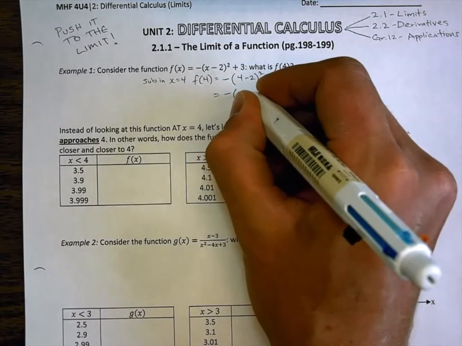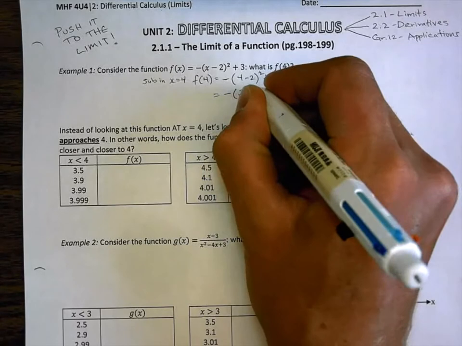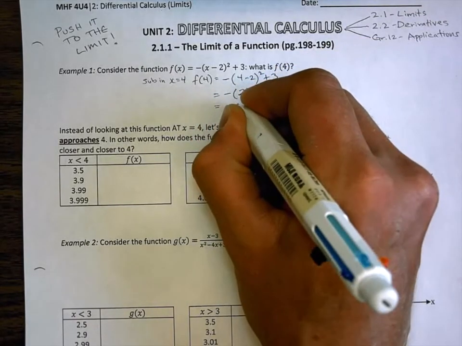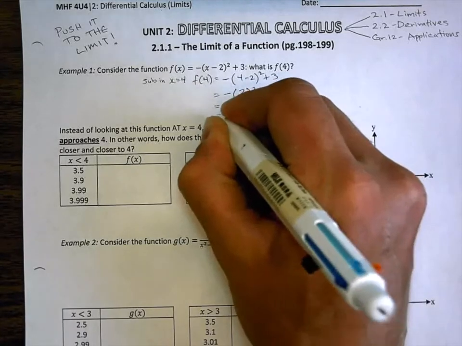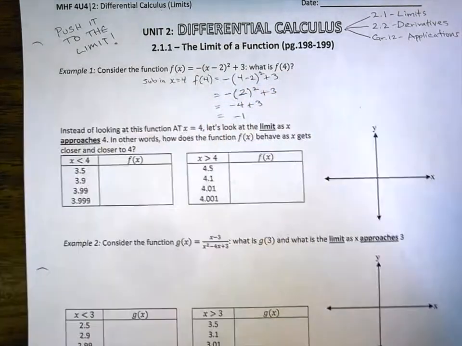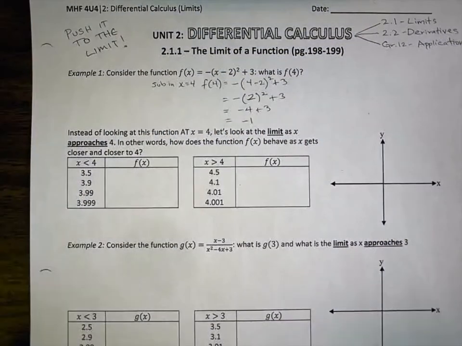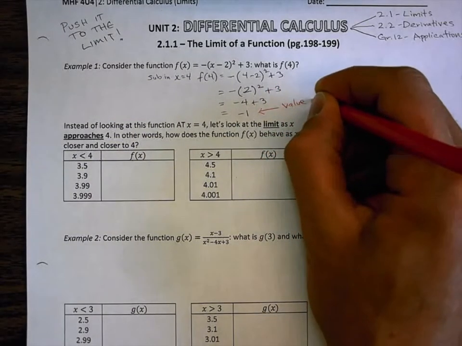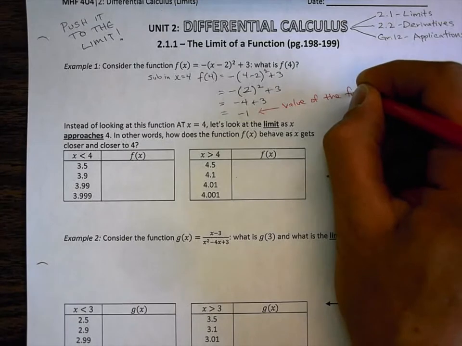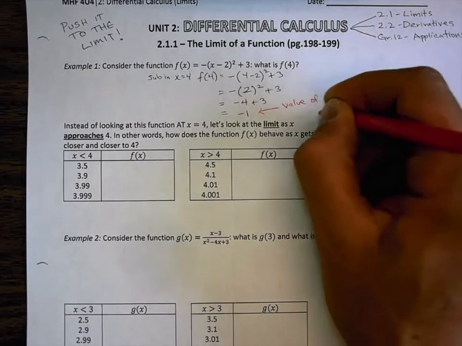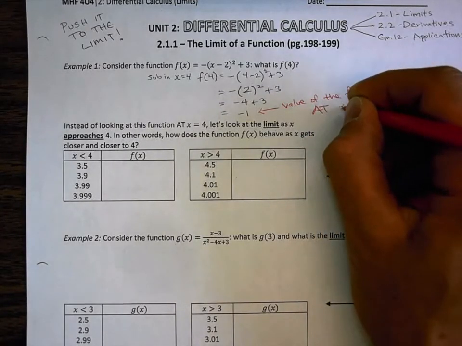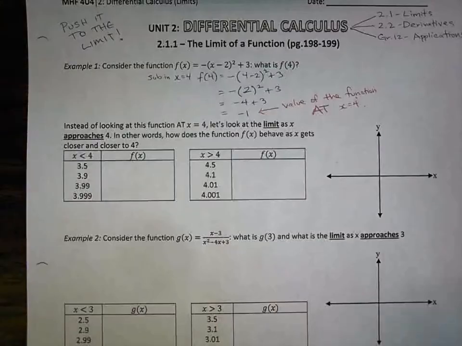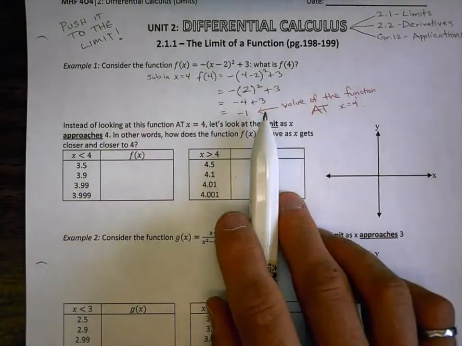So we have 2 squared plus 3, that gives me negative 4 plus 3, so I end up with negative 1. That negative 1 is the value of the function at x equals 4. Okay, that's something we've always done.